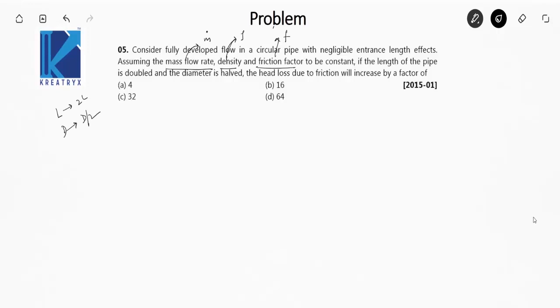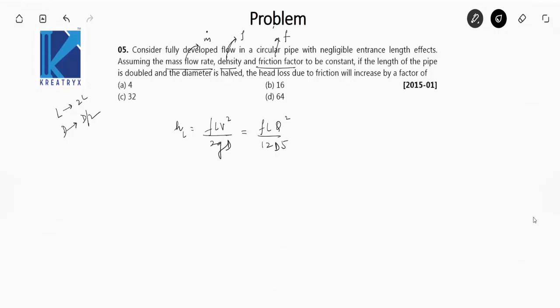We know that the head loss due to friction is equal to FLV square by 2GD, and it is also equal to FLQ square by 12D raised to 5. So what is the formula that we can use?